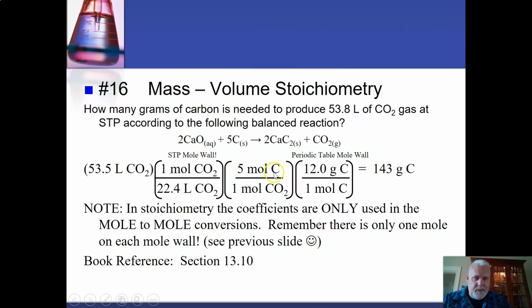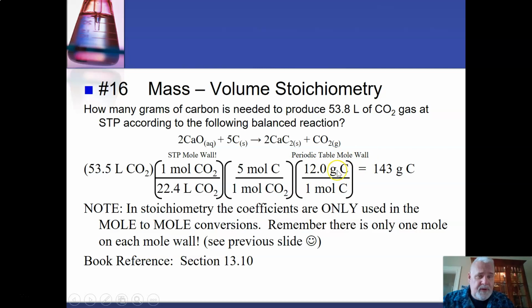5 moles of carbon. And then we go over to this side, and the moles of carbon, and don't use the coefficients in any step. A lot of people were putting a 5 there, but the only time you use the coefficients is in the mole-to-mole conversion. Remember, 1 mole. There's 1 mole over on the periodic table mole wall as well.